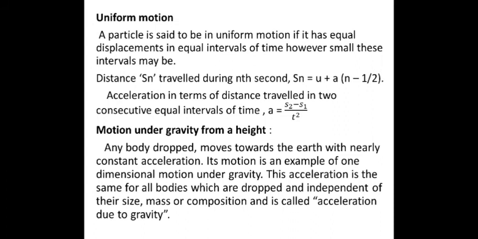Next topic is motion under gravity from a height. Any body dropped moves towards the earth with nearly constant acceleration. Its motion is an example of one-dimensional motion under gravity.